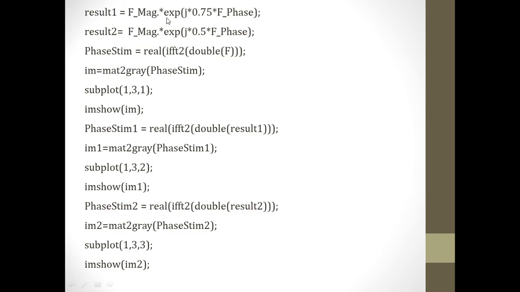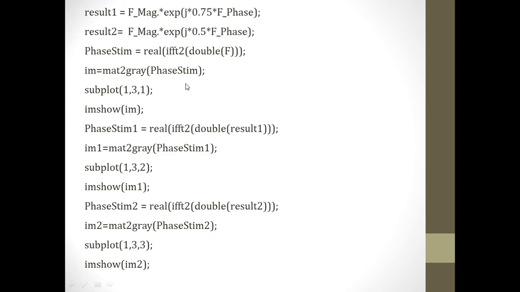After changing the phase, let us compute IDFT so that again we can transform it back into its original form. So this is the actual filter, and these phase stim 1 and phase stim 2 are obtained after changing of phase angle. Result 1 is obtained after changing the phase angle by 0.75 and result 2 is obtained after changing the phase angle by 0.5.